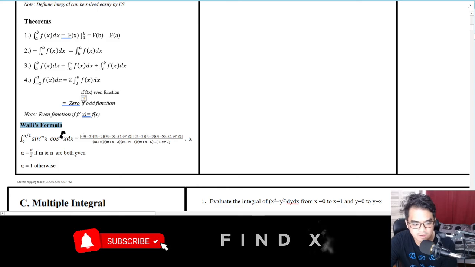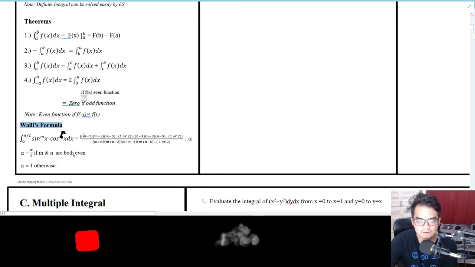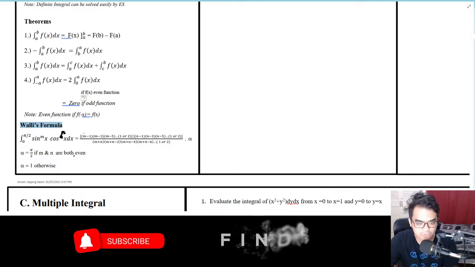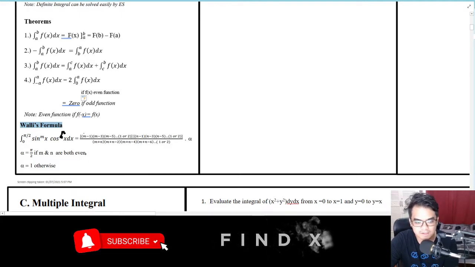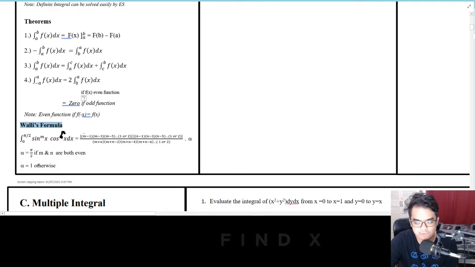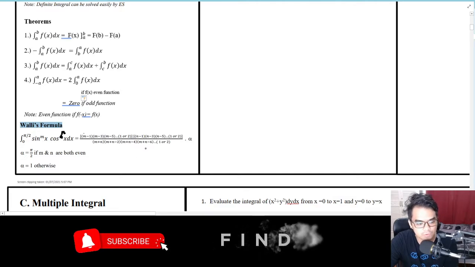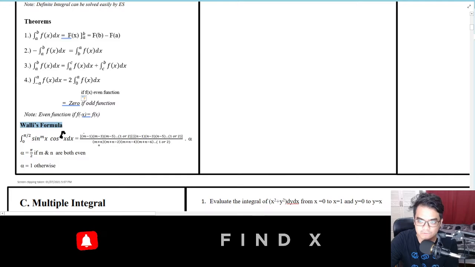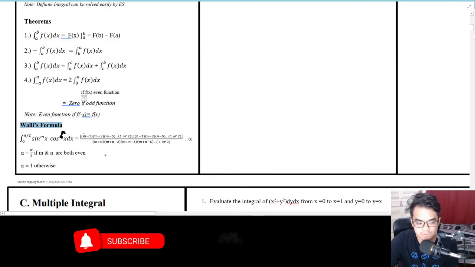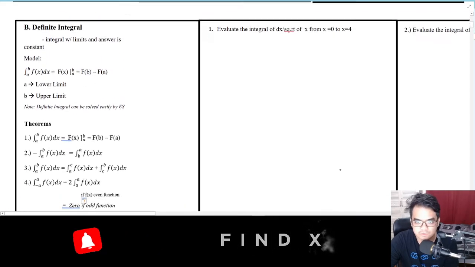For example, m and n are 2 and 6, or 8 and 10, or 4 and 8, or anything like that. As long as they are both even, the alpha will be pi over 2. So you have to multiply all of these by pi over 2. And then if they are not both even, let's say they are both odd or only one of them is even, then our alpha will just be equal to 1. Okay? So let's move on to a problem.